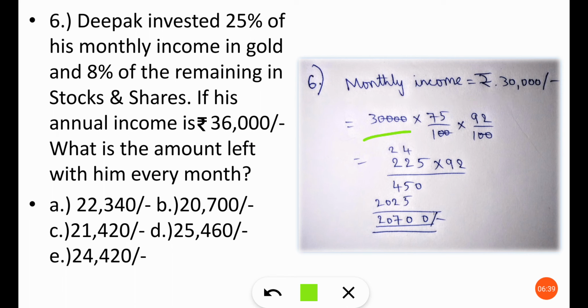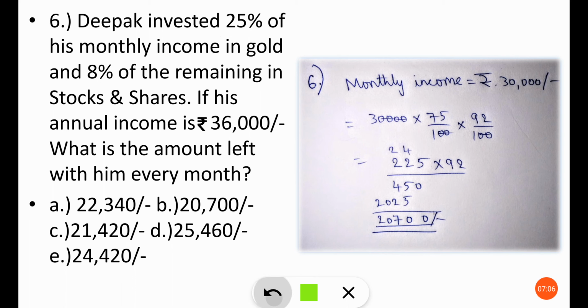So 30,000 into, he has invested 25% in gold, so the remaining will be 75 by 100. And he invested 8% of the remaining in stocks. 8% of the remaining means 100 minus 8, 92 by 100. You may get a doubt, why don't we add 25 plus 8 equal to 33 and take the remaining as 67%?